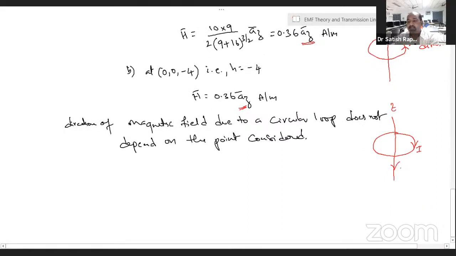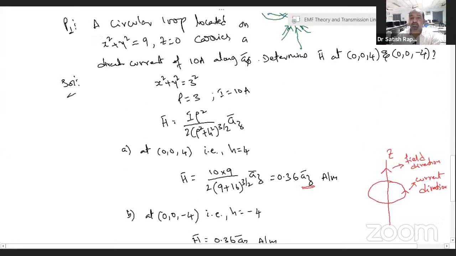So this is the direction of magnetic field. Therefore, the direction of magnetic field depends on the direction of current, right?